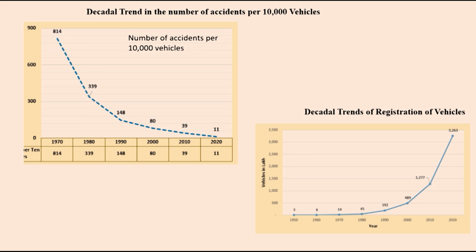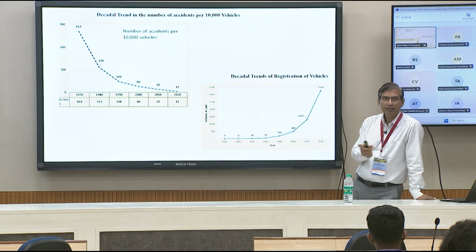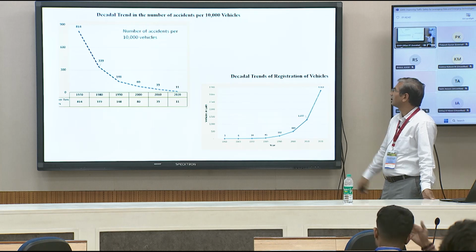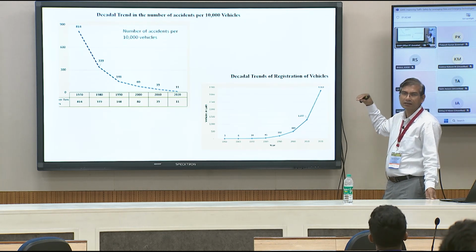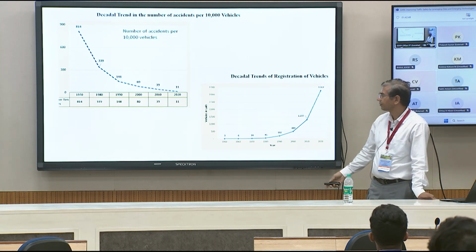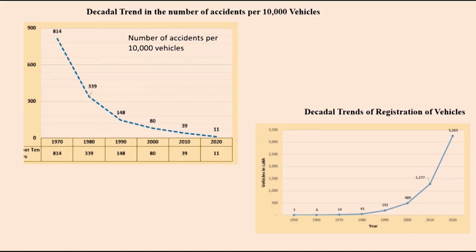Some of these statistics come up in newspapers saying we are doing great, but we need to see what is in the denominator. If the denominator is population or number of vehicles, we need to be very cautious in reading that data. Here the growth rate is much higher on the vehicle side than the growth rate in accidents. That is why overall this is going down.